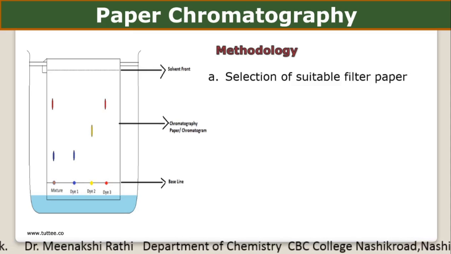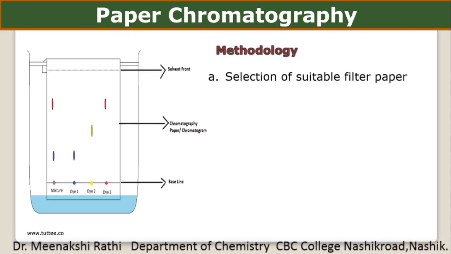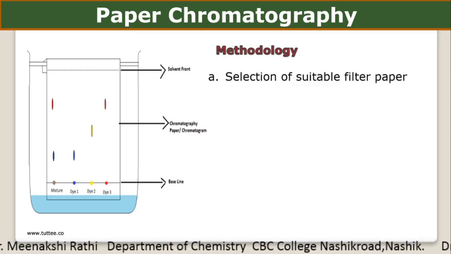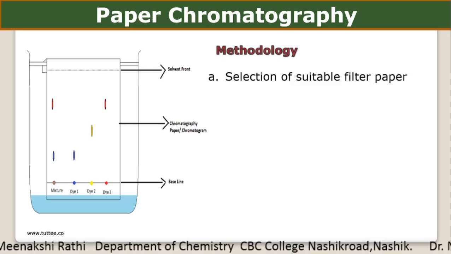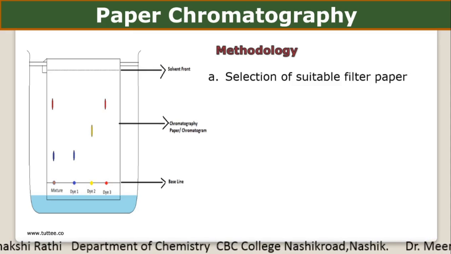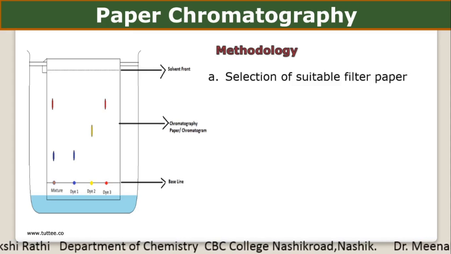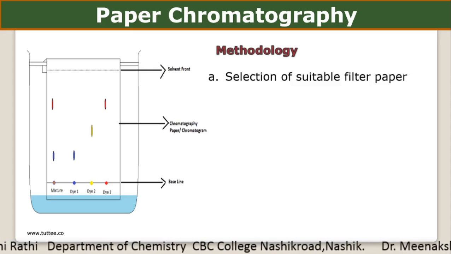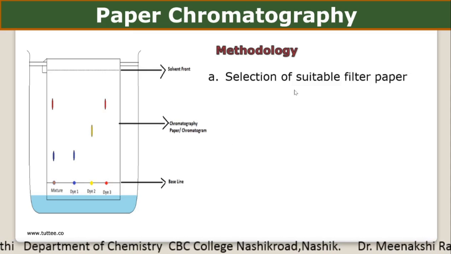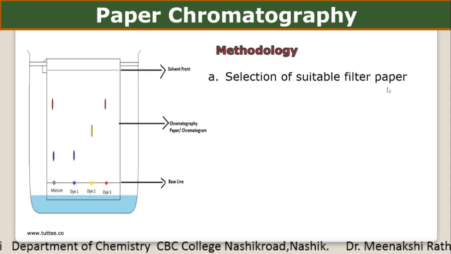Filter paper is selected on the basis of pore size, quality of the sample to be separated, and also on the mode of development, whether we are using an iodine chamber or some staining reagent. Based on that, suitable paper is used.